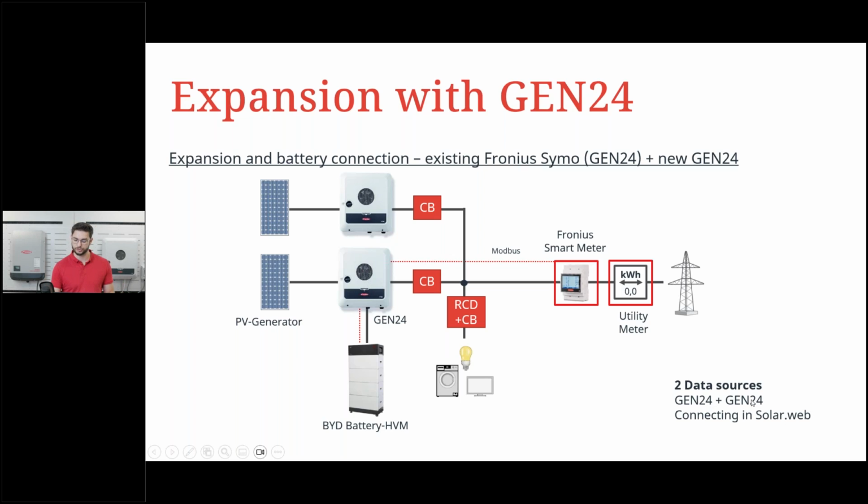So we have two data sources and they can be interconnected on SolarWeb and give us a total production value. So it's the same procedure, just parallel connection on the AC side, and the communication is done via the internet then. So no direct cabling is possible or necessary between the two devices. They're simply added up on SolarWeb.